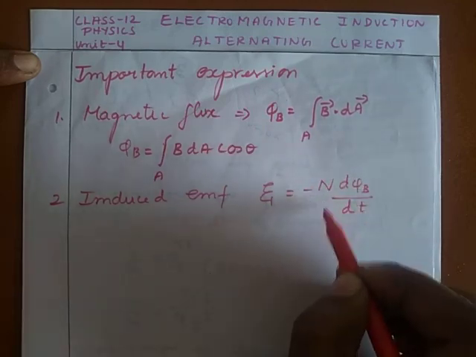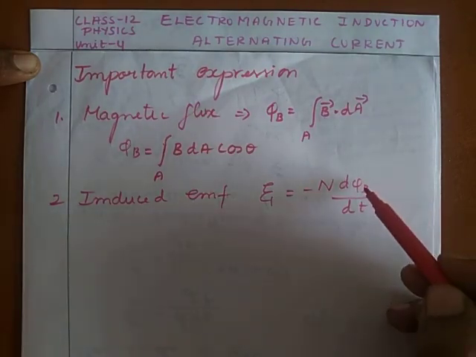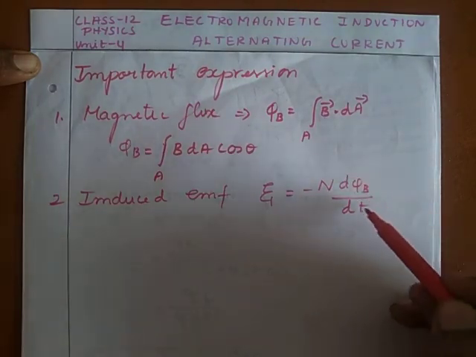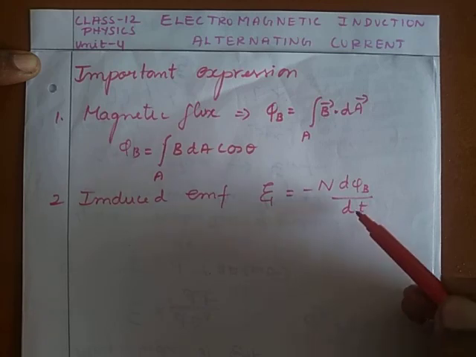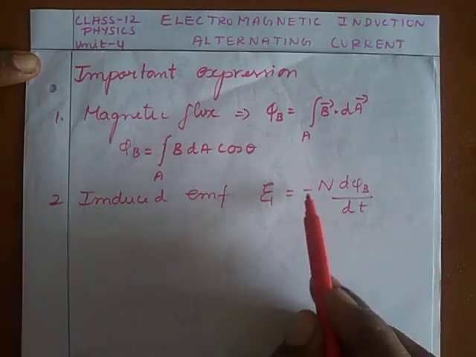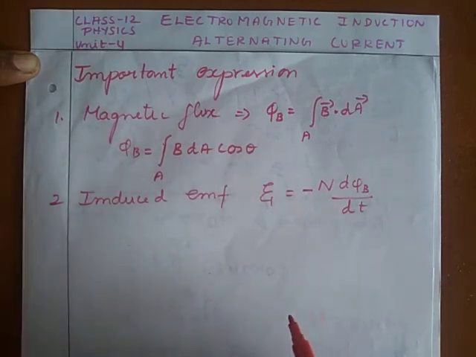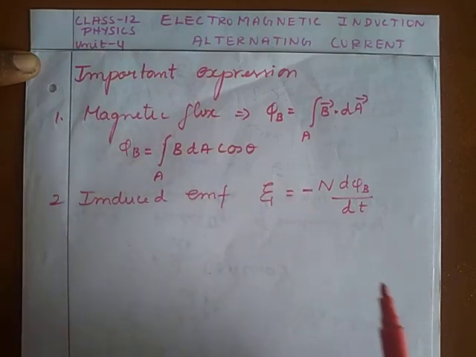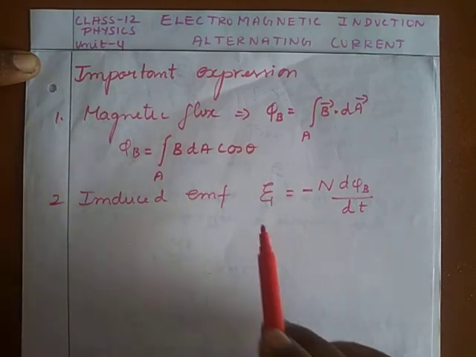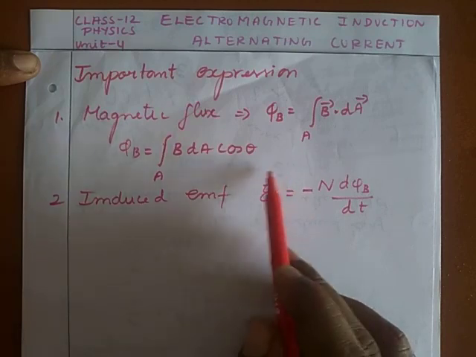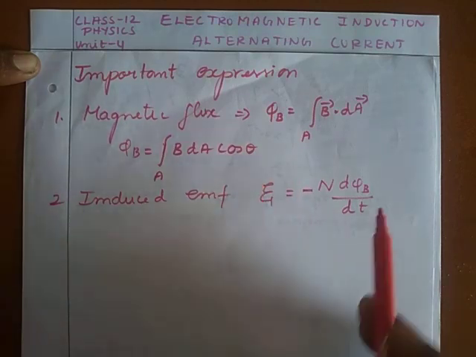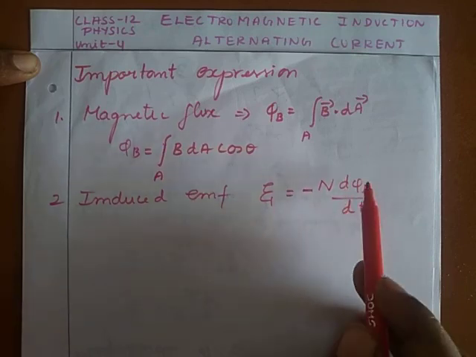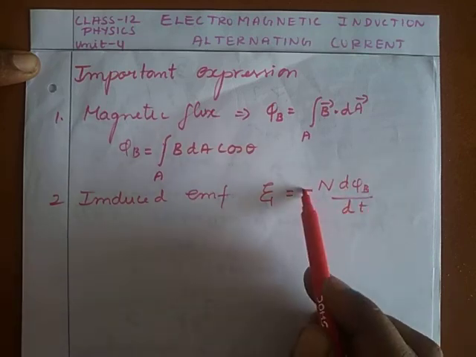Here N is the number of turns of the coil, and phi B is the magnetic flux linkage with respect to time. The negative sign implies that according to Lenz's law, the effect will oppose the cause. Here the EMF is the effect and the cause is the change in flux. That's why I put minus here.